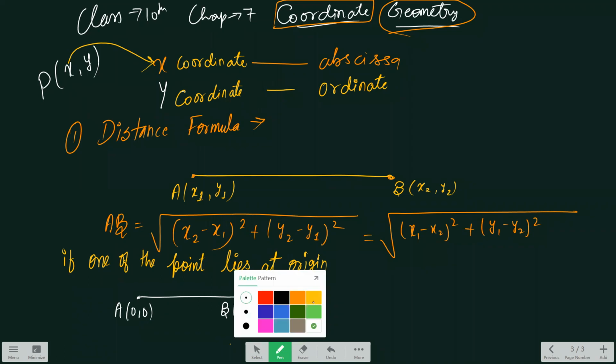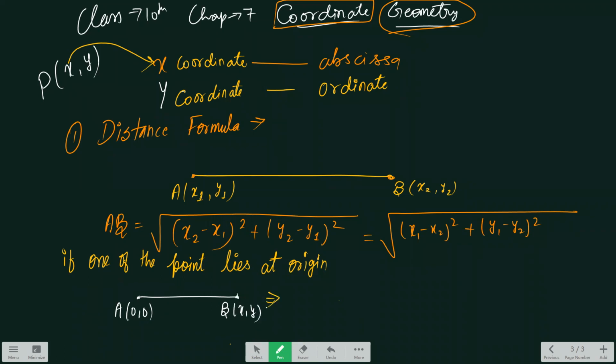Now by applying the distance formula, AB is equal to under root x square plus y square. So if you have to find the distance between 2 points and one point lies at the origin, then the formula is under root x square plus y square.